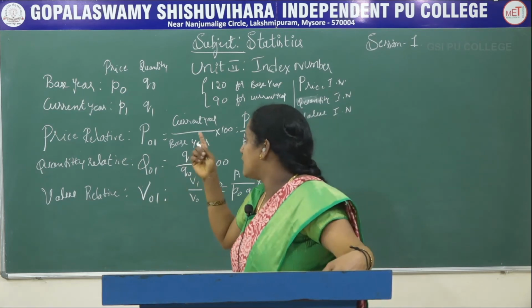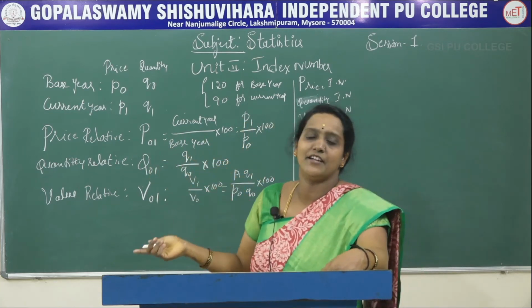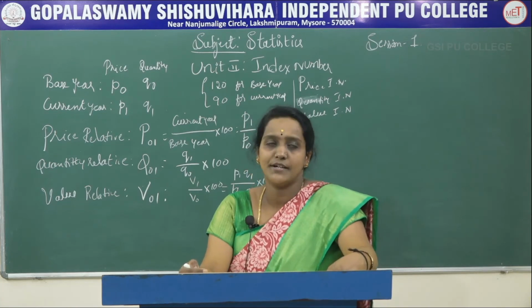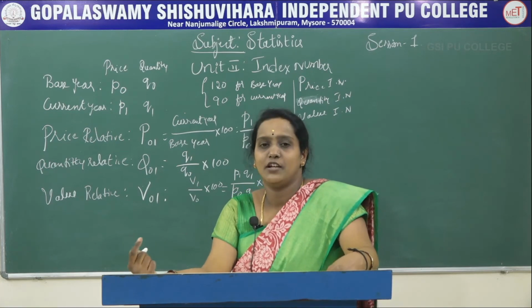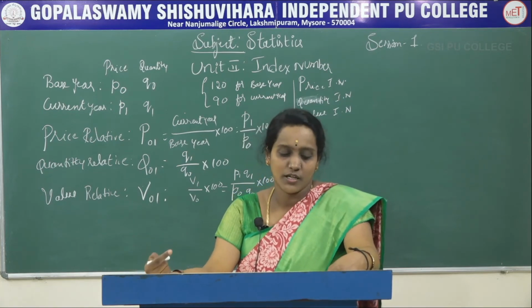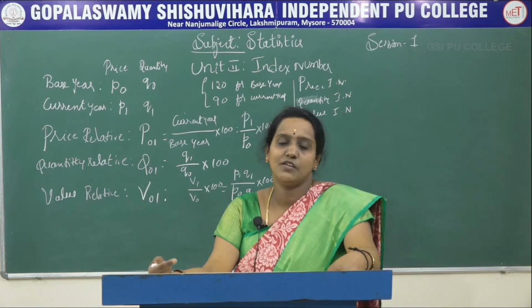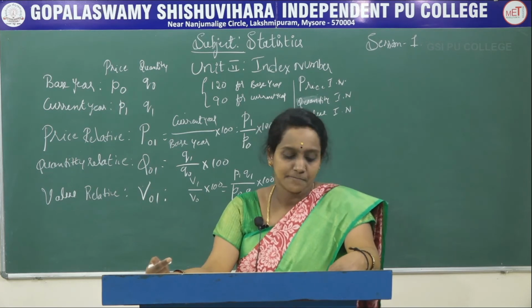As we told, it can be related to price, quantity or value. Once price and quantity relatives change, then value relative will also change, so instead of AM, if we use GM, it is very useful to predict the indicators.